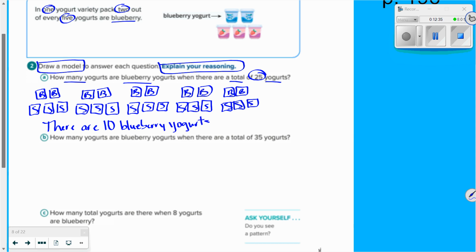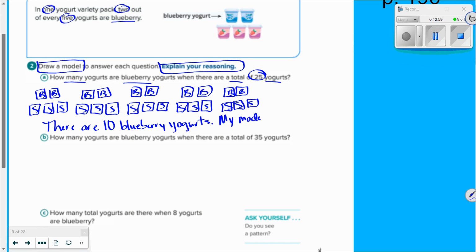Explain our reasoning? What's my reason? Okay, so I would make my answer easy on this one because they made me do the model.